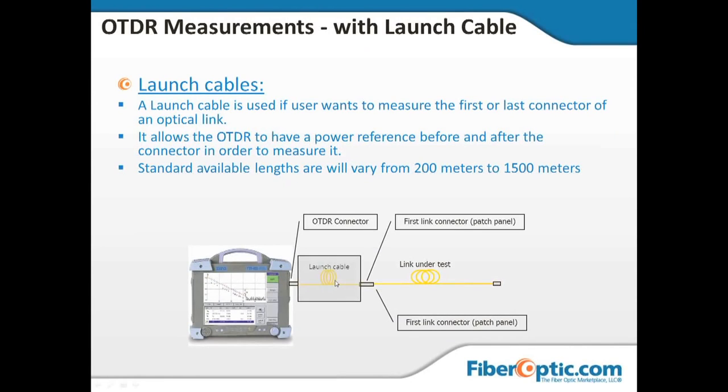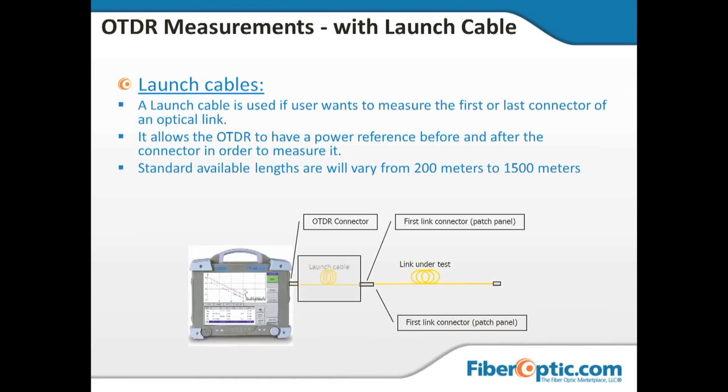A launch box simply gives me backscatter before my launch event. It places a piece of straight fiber to give me backscatter between my OTDR and my patch panel. That's it. It's not a pulse suppressor.